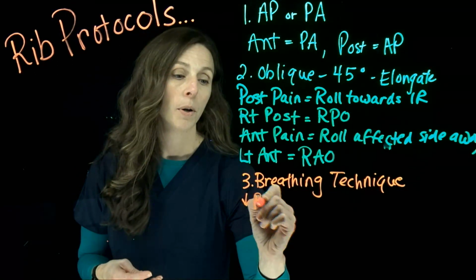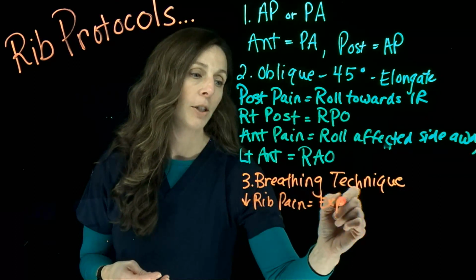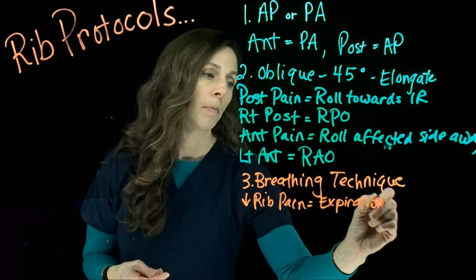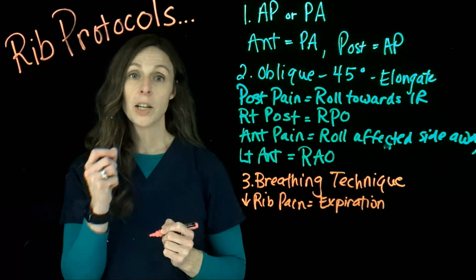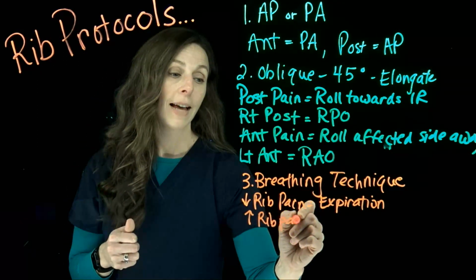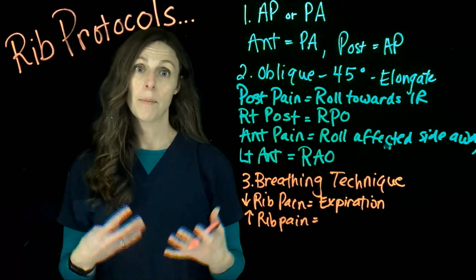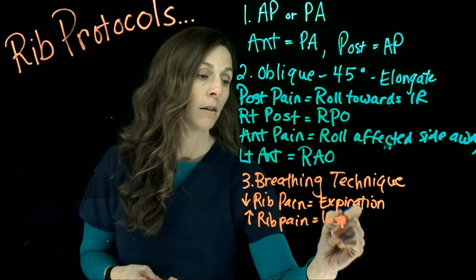So lower rib pain, you expose on expiration. Okay, let's say your patient has upper rib pain. We're going to make that exposure on inspiration because, again, we want to move the diaphragm out of the area of interest.